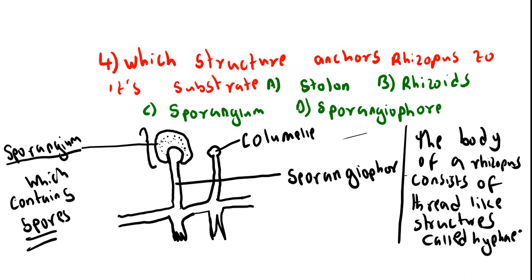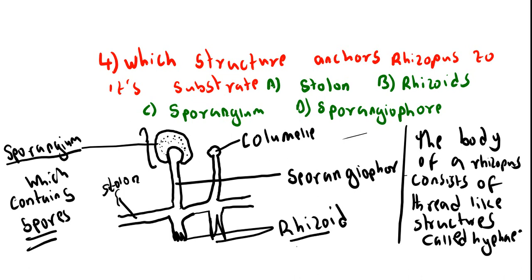So the hyphae that look horizontal, they're the ones we are calling the stolon. Then the ones that look like roots, they're the ones that we call the rhizoids. You need to take note that the rhizoid is the one that anchors the rhizopus on its substrate.